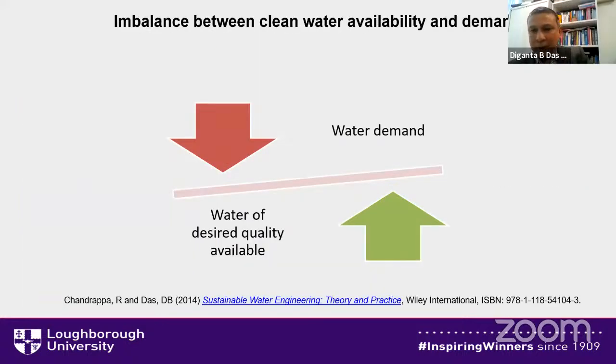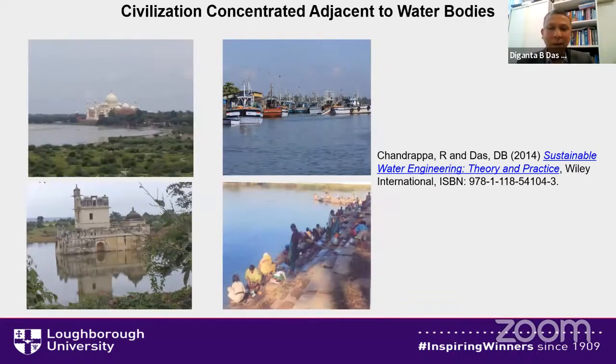Assam obviously has lots of water, and these are some pictures from one of my books, just to point out that historically, all civilizations have developed and grown near water. Obviously, we need water, and that implies how significant it is for development.